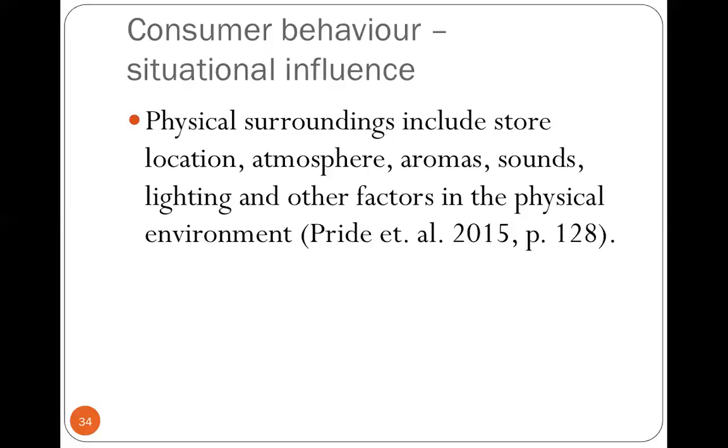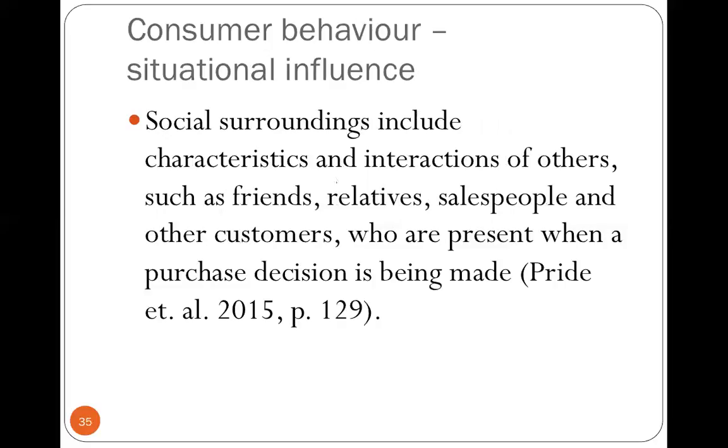That means you are affected by the situation here from a physical perspective. Social surrounding actually includes the characteristic interactions with the others. Remember, we are social animals, so we interact with friends, relatives, and also salespeople and the other customers. So that also affect our decision in buying products.